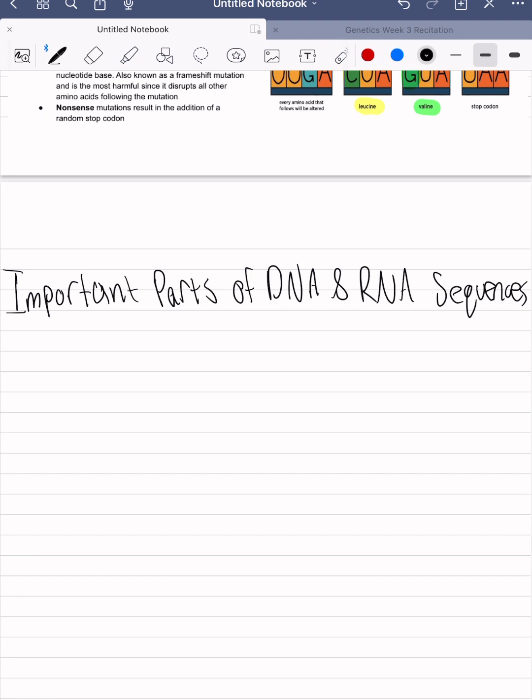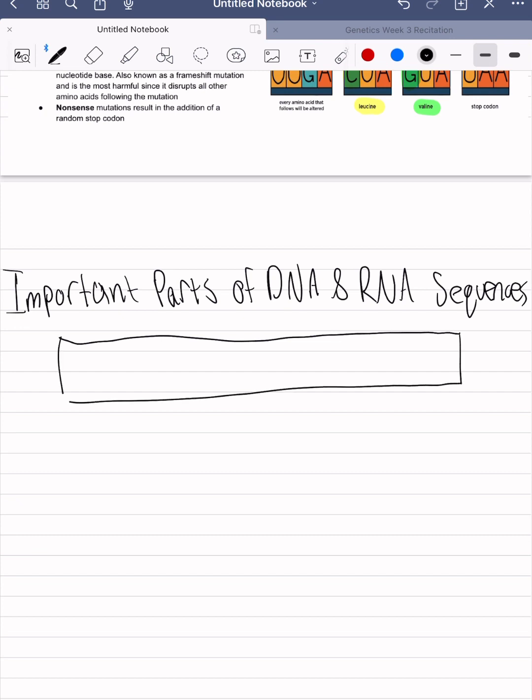On to the important parts of DNA and RNA sequences. Here, let's say we have an entire sequence.